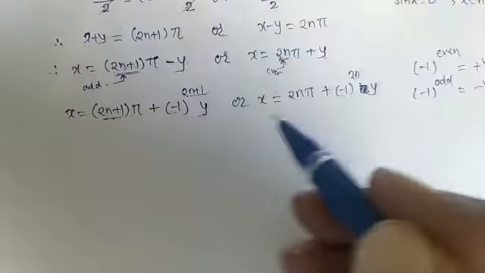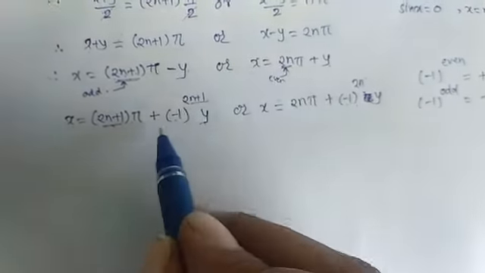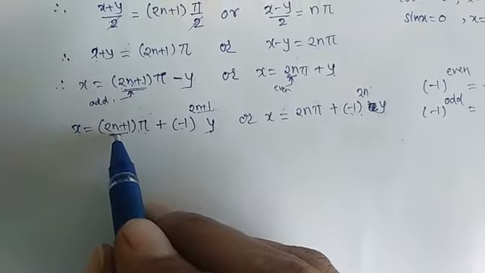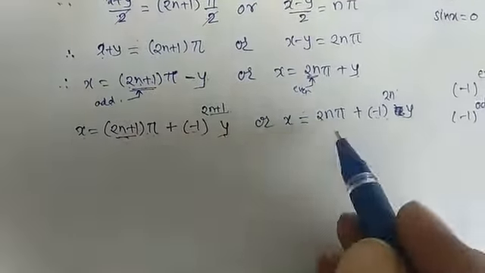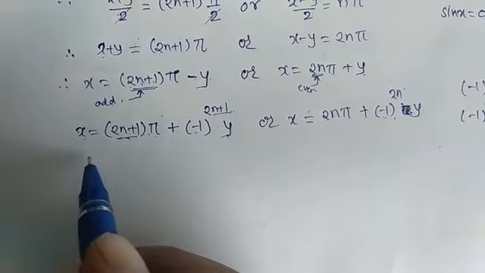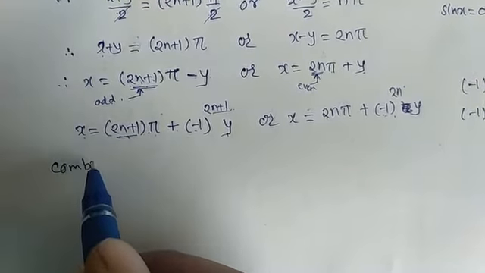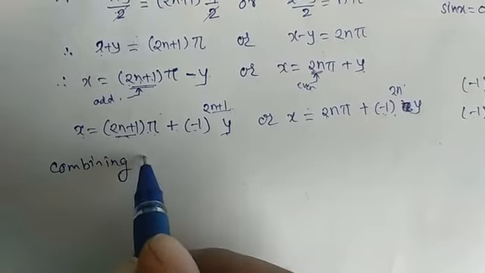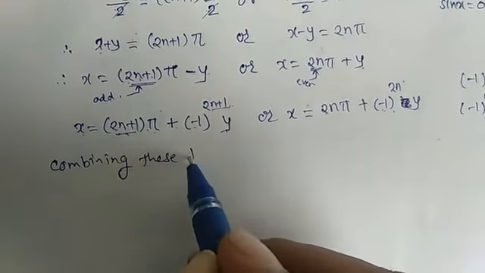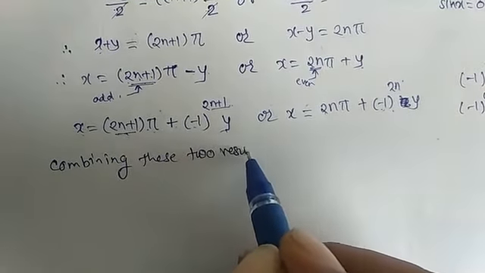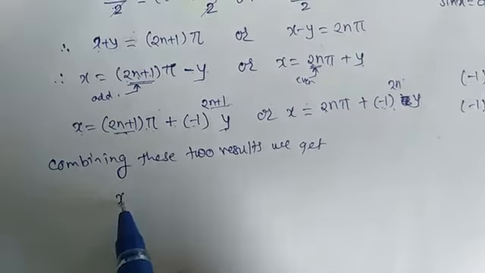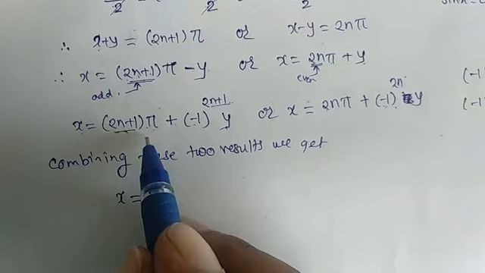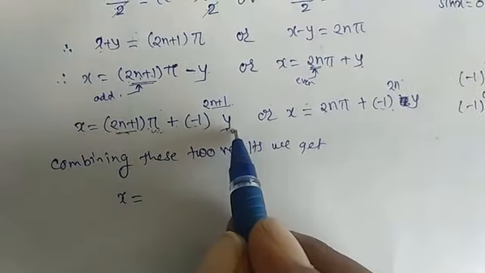Okay, so for these two equations you can say that one is for odd and one is for even. So from these two, combining these two results, we get x equal to, so here it is the same pi and y.